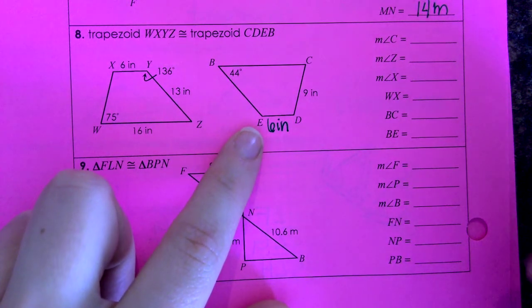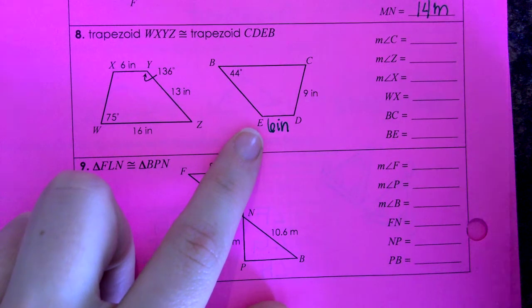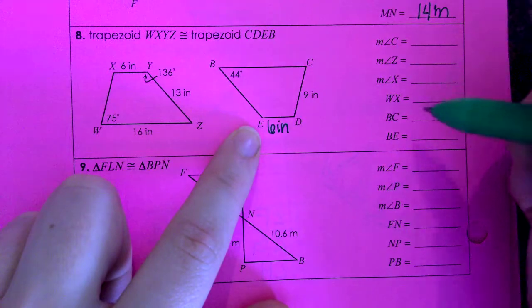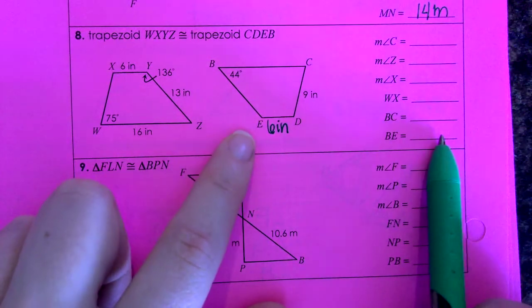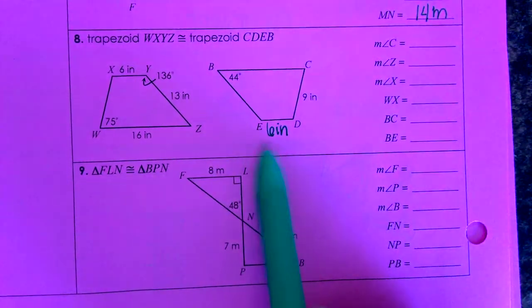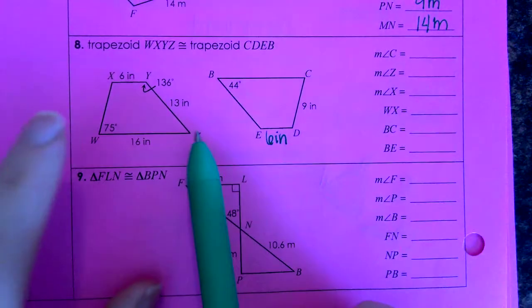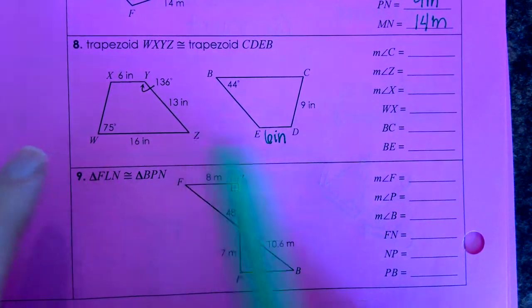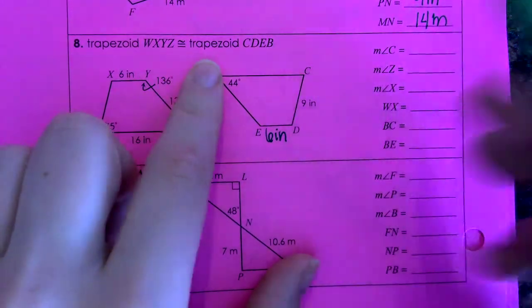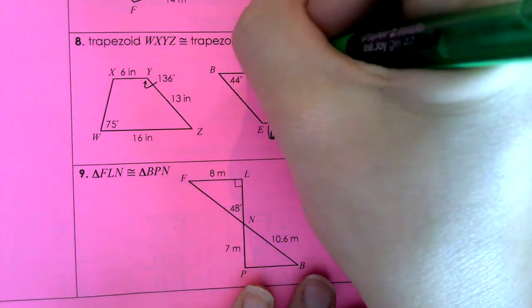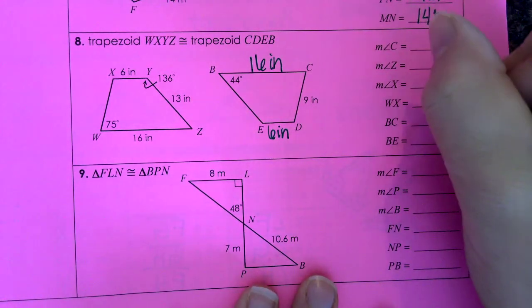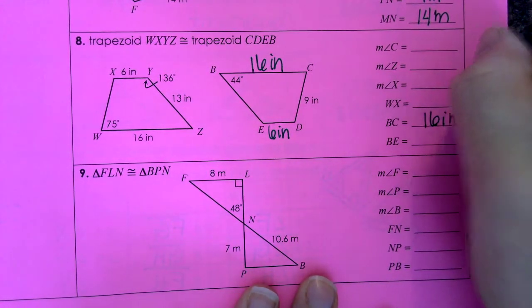So now I have side ED, which I didn't need because it's not listed on here, is 6 inches, so we just found one. My long side then is 16 inches, so WZ is 16 inches. That gives me my long side, so BC, which is listed, is 16 inches.